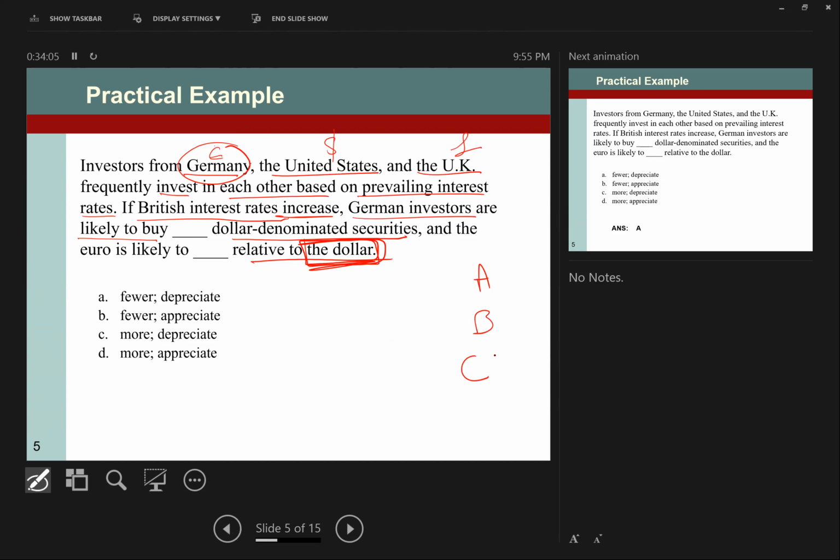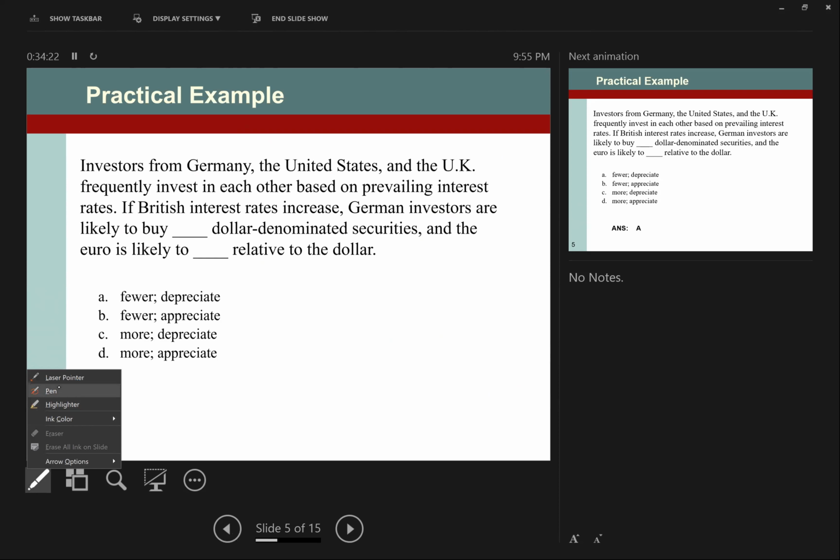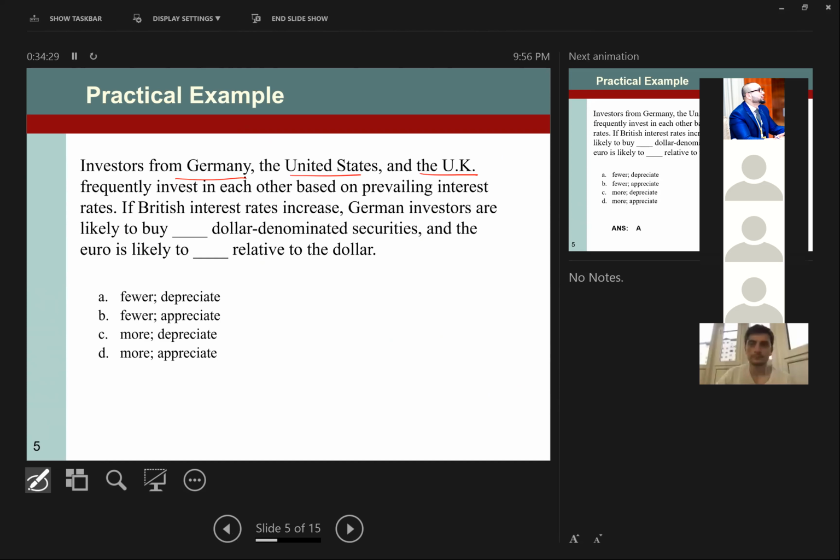It's B. It's B. Okay, let's talk about that. Here we go. So investors from Germany, United States, and UK frequently invest in each other based on prevailing interest rates. So it means we are talking about relative interest rate, right?